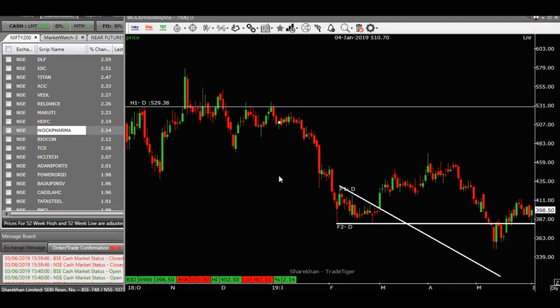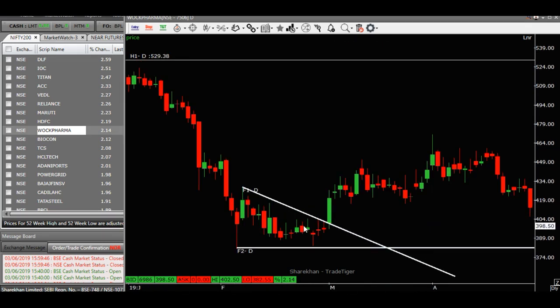Okay, this is a stock called Walk Pharma, and we can very clearly see here that we have a descending triangle. Why is it descending? Lower highs and similar lows.